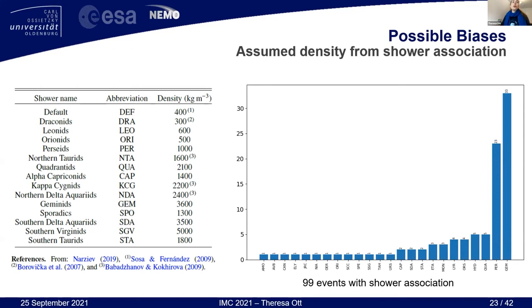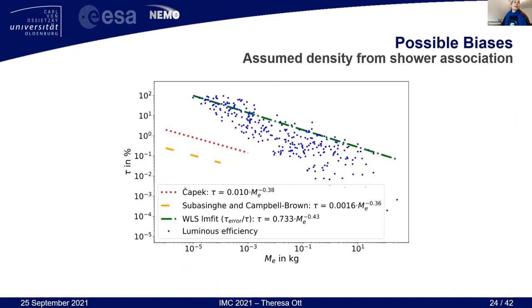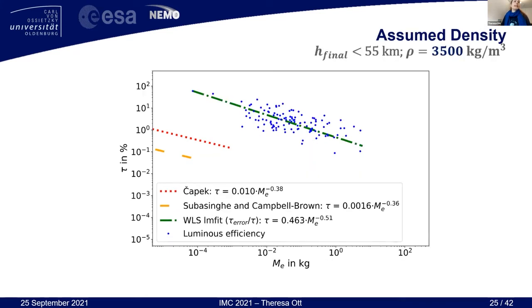We looked at various publications for these, and they actually change quite a bit. So they are not even the same for different publications. This is, of course, another uncertainty that's being introduced, but we still think it makes it a little bit more confined. So if we use these shower associations, these are the values that we got.